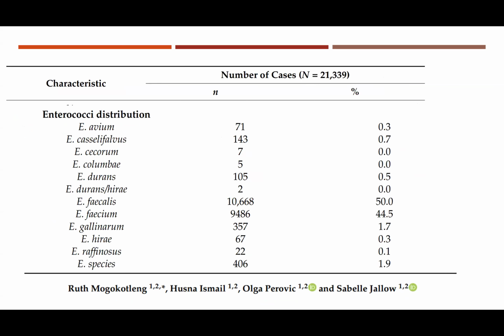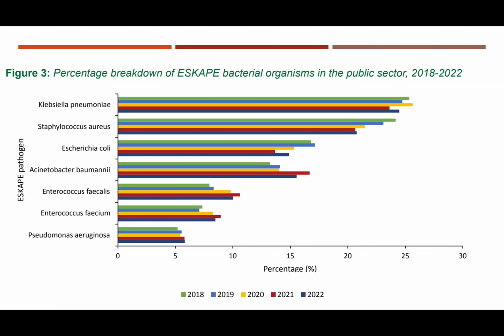In terms of the species, we can see Enterococcus faecalis and faecium being the top two culprits, 50% faecalis and 45% faecium. This data is taken from the National Department of Health, the AMR surveillance report of 2023, and this graph looks at the ESCAPE pathogens detected in the public sector between 2018 and 2022.